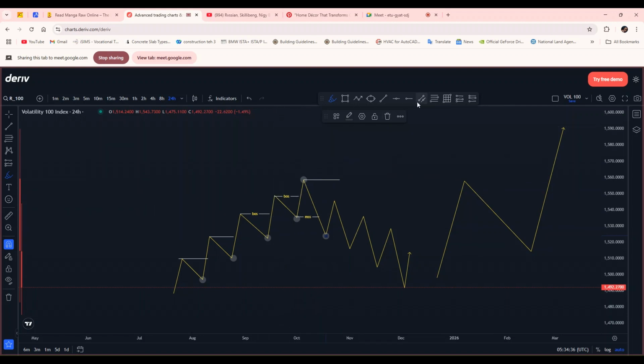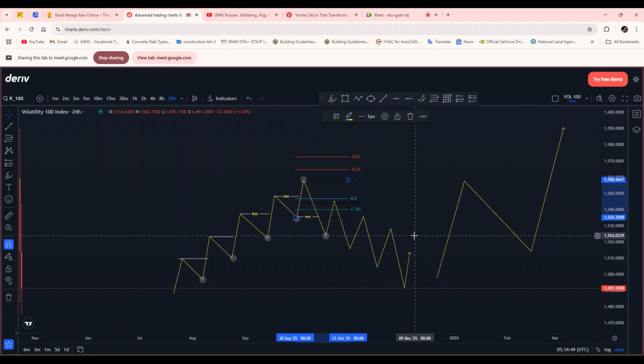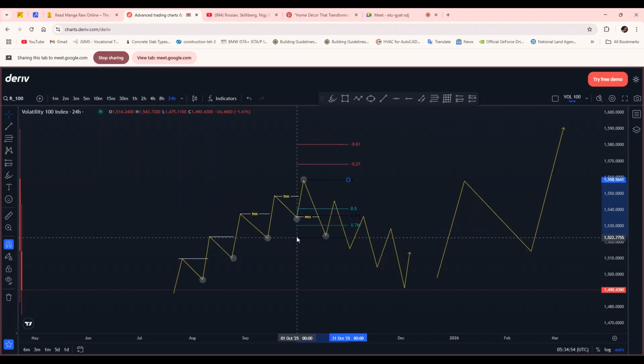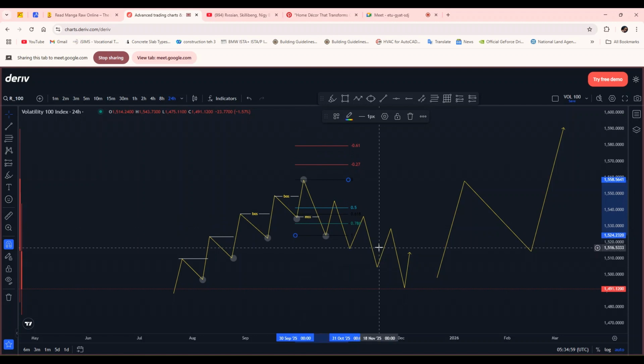So wherever you have a break in structure, we normally use a tool we call the Fibonacci retracement, and we put it from the low to the high, and we use that to identify whether the market is in a specific area above 50% or below 50%.